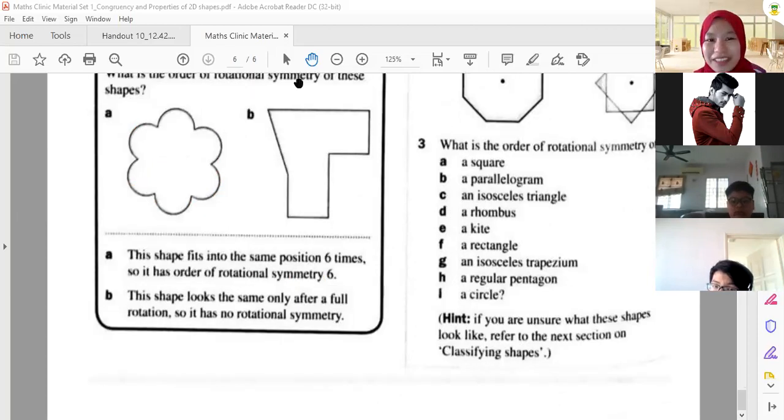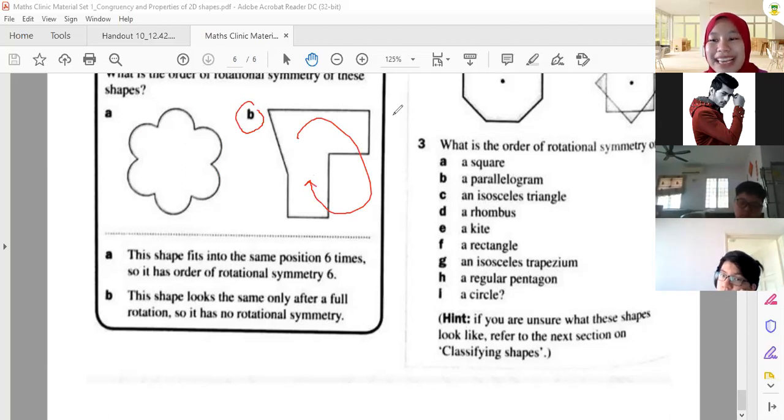We finished Maths Clinic Material Set 1. Do you have any questions? For B, the answer is only one, because you only get its original position after a 360-degree rotation.